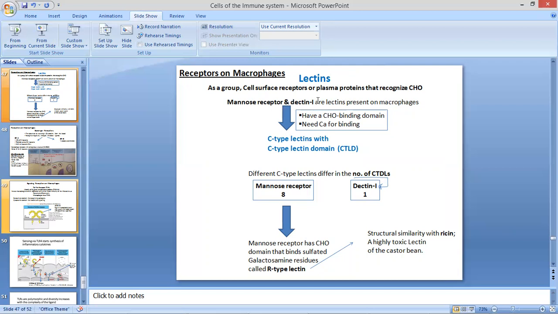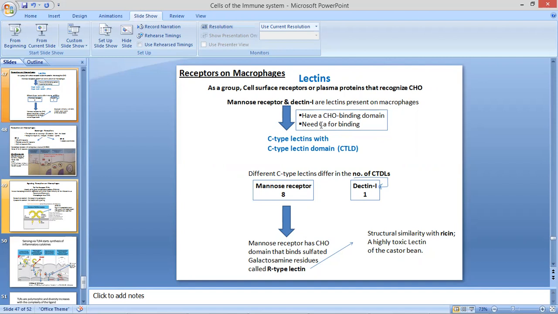These two types of receptors, which can also be called lectins of the macrophages, have a carbohydrate binding domain, and that domain is a specialized type of domain where, when the carbohydrate moiety binds, it needs the help of calcium ions.